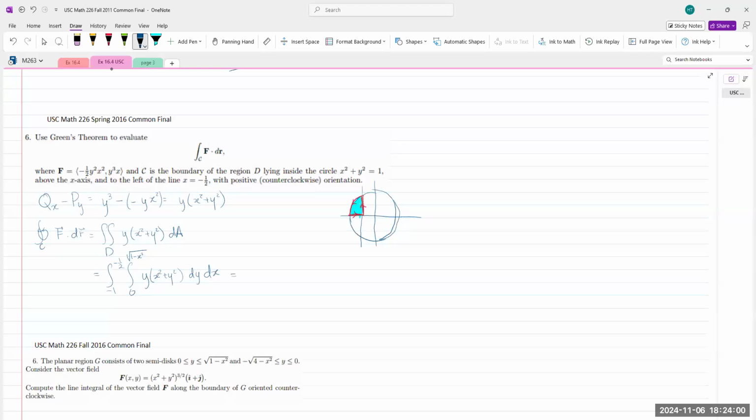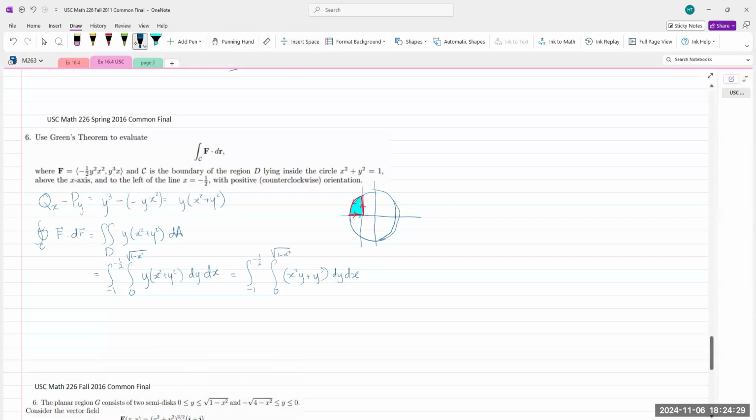So the integral from -1 to -1/2, you know what, let me distribute the y. From 0 to square root of 1 minus x squared, x squared y plus y cubed dy dx. Yeah, it's not that bad. I thought it would be very bad.